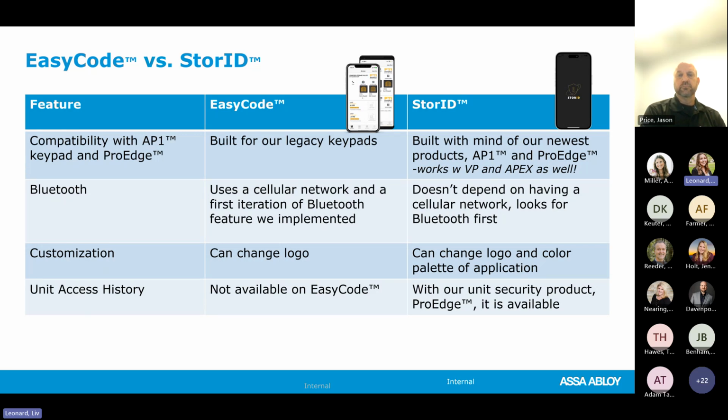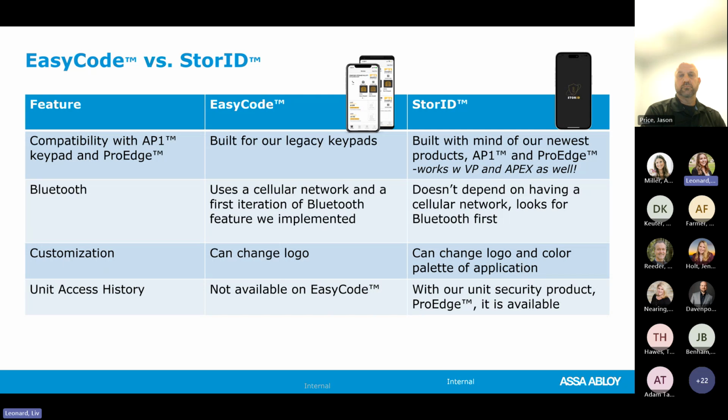When you go into SLC, you click on the customization tab underneath the StorID tab, and you can import custom logo and colors there. That will then translate over to StorID. So StorID is built to accommodate more customization capabilities also, which we have planned for the future.